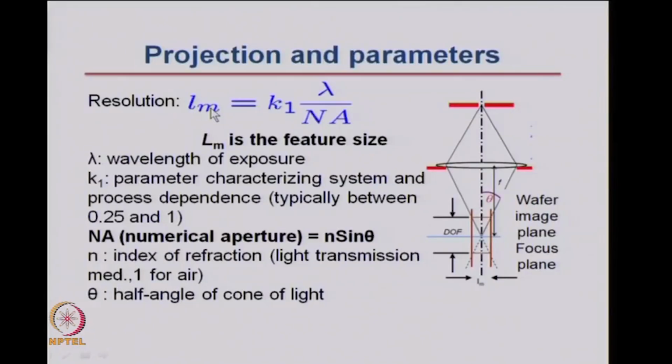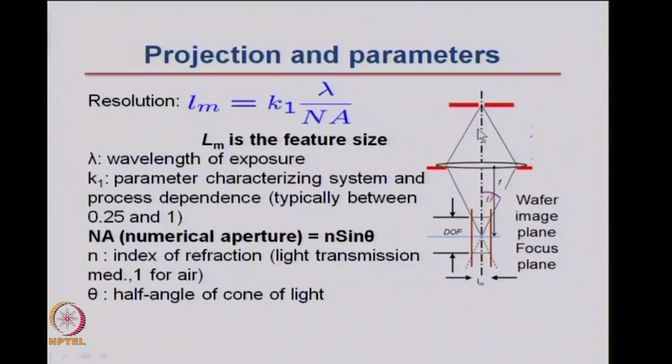So, Lm, which is your resolution, should be very small. Now, this can be very small if lambda, the wavelength, is very small, that means you keep decreasing the wavelength. That is why you go from UV to deep UV to extreme UV, and then you go to X-rays. The other thing that you can do is increase the numerical aperture NA here. So, if you have a very high numerical aperture, then also you will have a very small number for the resolution. That means your resolution is very good.